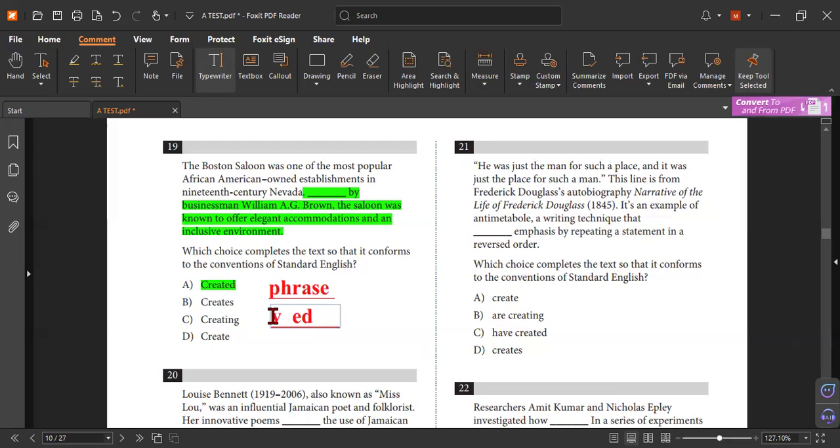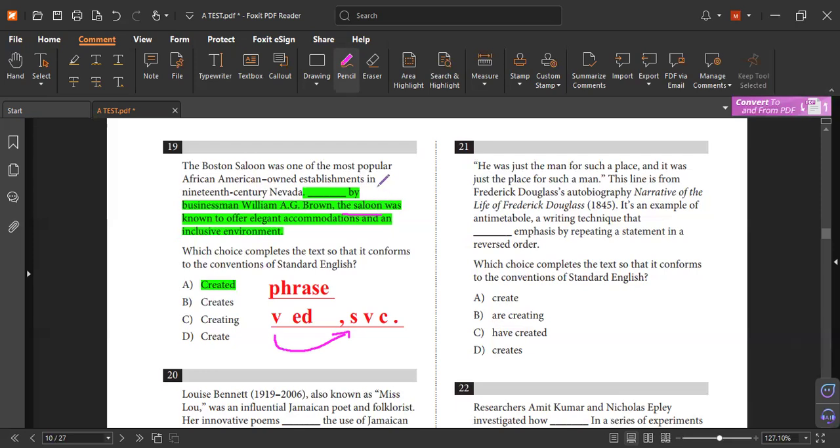At the end of the phrase, we need a comma and then start your sentence. So we need the action of the subject. What did the subject do? Look, the salon created, or it's in passive voice. So the salon was created.